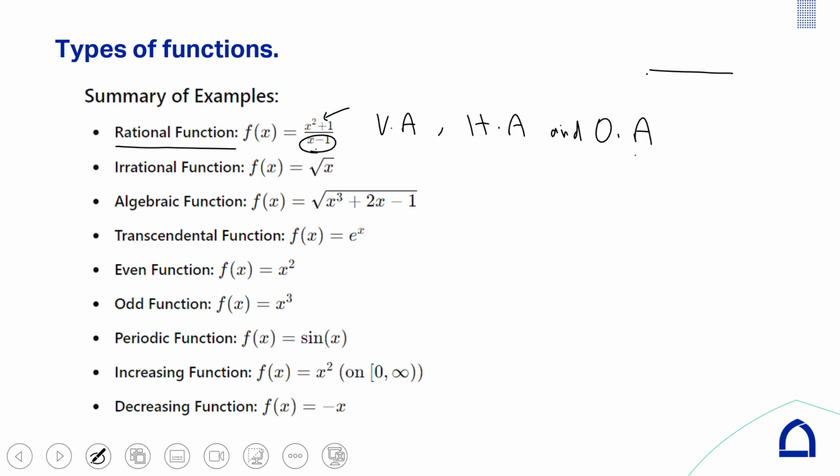We get it by polynomial division, and we care only about the quotient, so the oblique asymptote in this case will be y equal to x. We know how to find the vertical, horizontal, and oblique asymptotes. And we know we have irrational functions and transcendental functions, and we talked about even and odd functions, periodic and non-periodic functions, and increasing and decreasing functions.